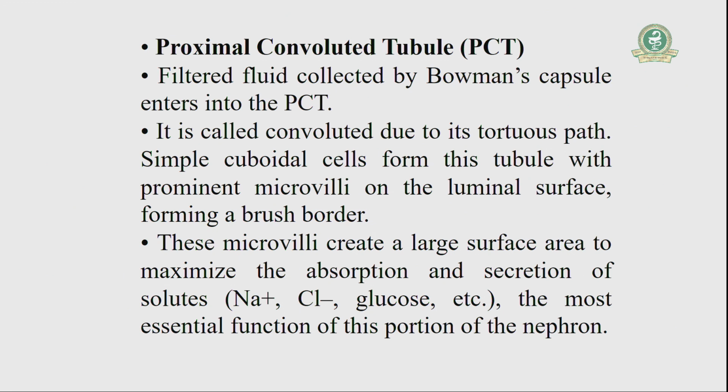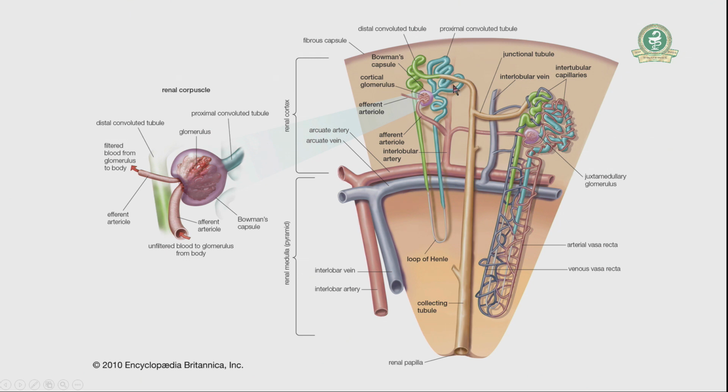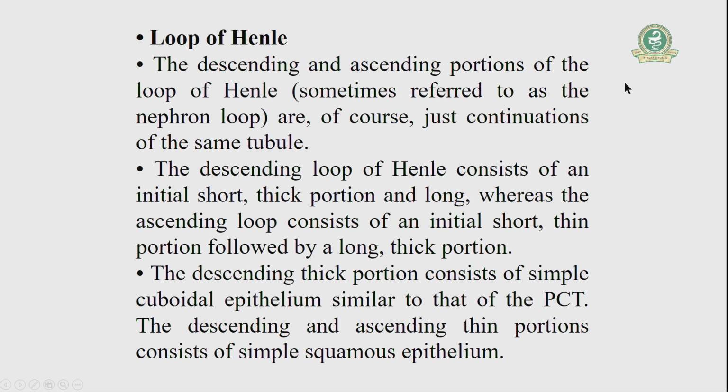These microvilli create a larger surface area to maximize the absorption and secretion of solutes, sodium, chloride, glucose, etc. This is the most essential function of this portion of the nephron. This part is the proximal convoluted tubule.